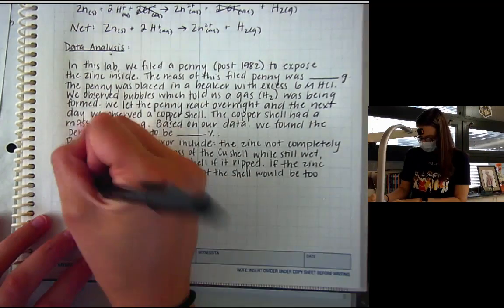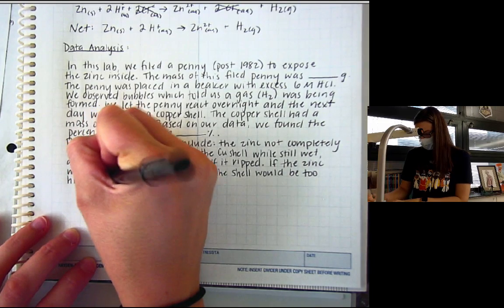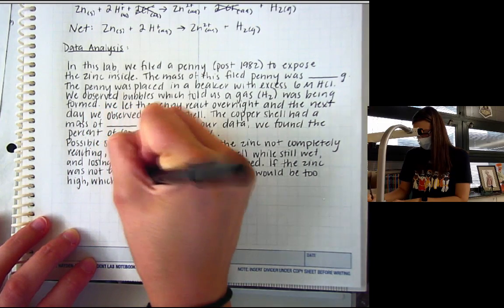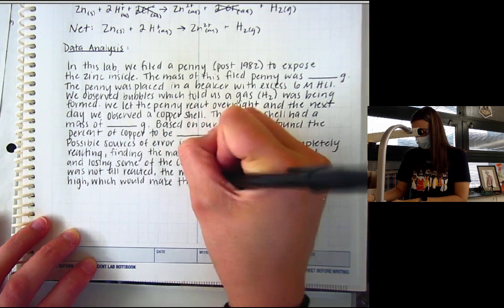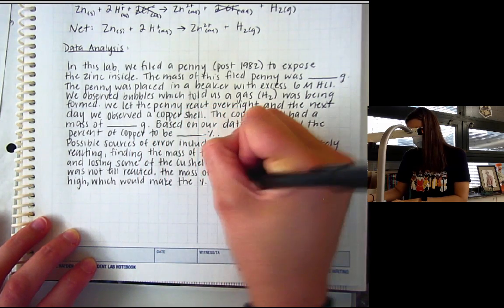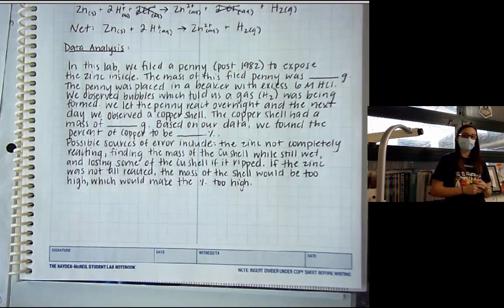So the mass of the Cu shell would be too high, which would make the percent too high. So we want to actually think about how that error might affect it.